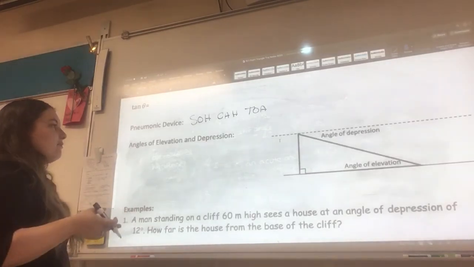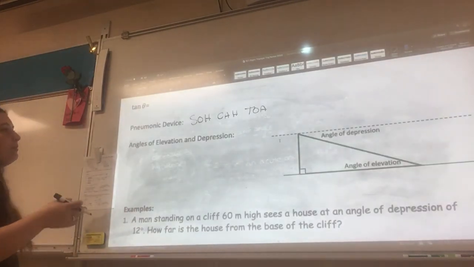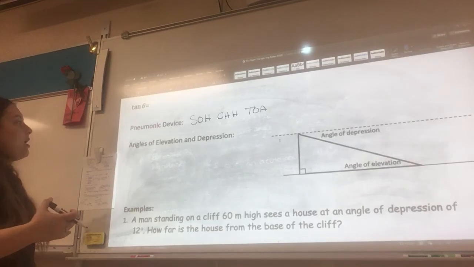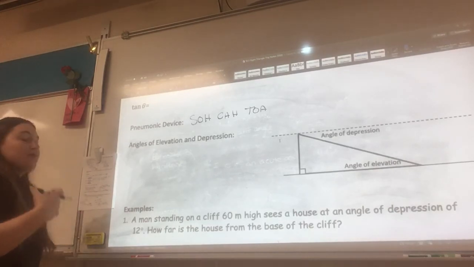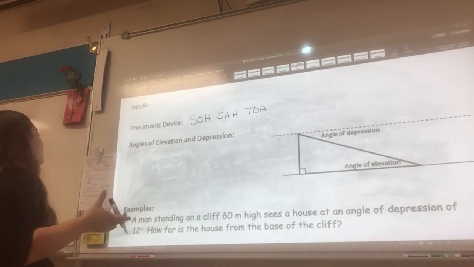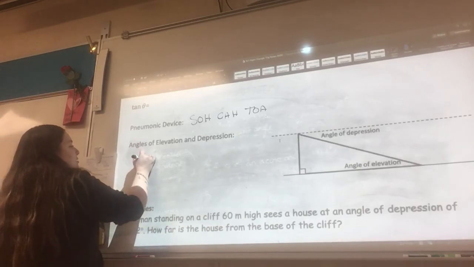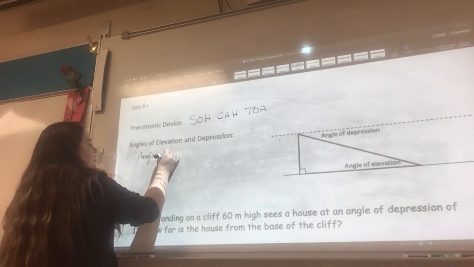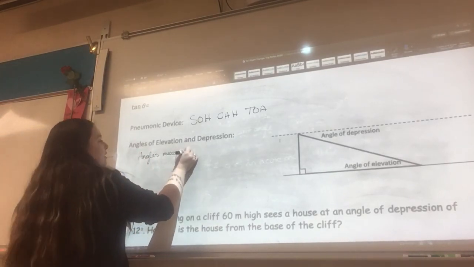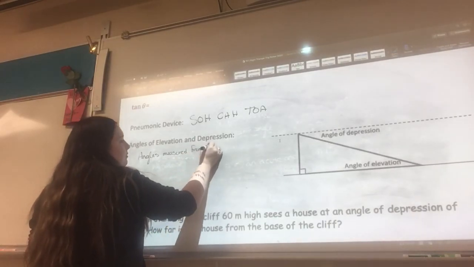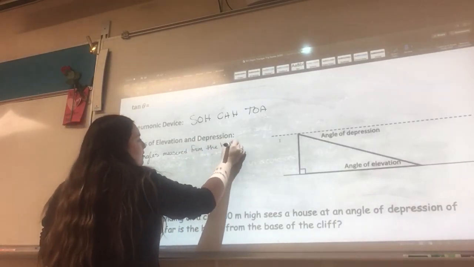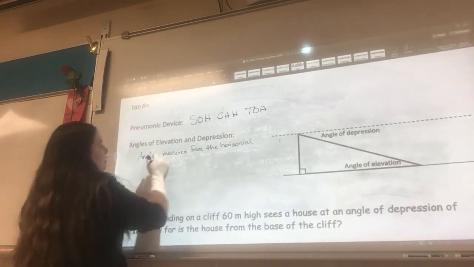Our next and last vocabulary is the most important because a lot of people get these confused: angles of elevation and depression. This is specifically used in word problems. So these are angles measured from the horizontal line, as you can see from this lovely picture.